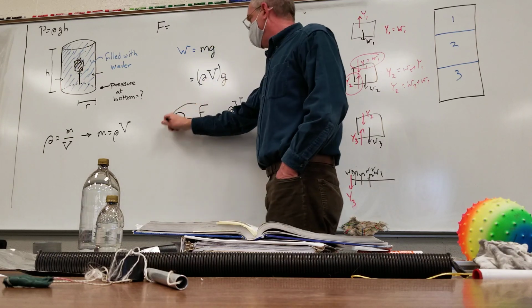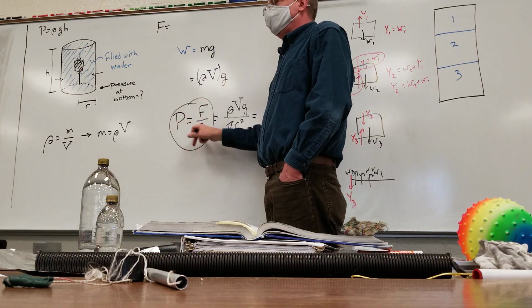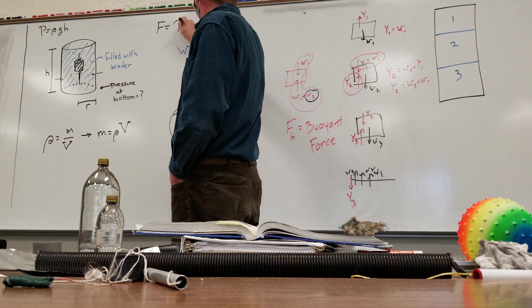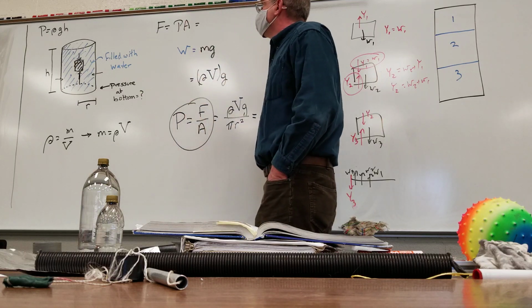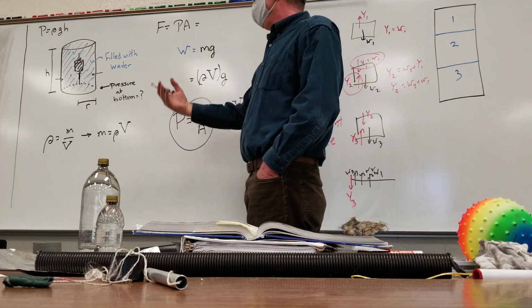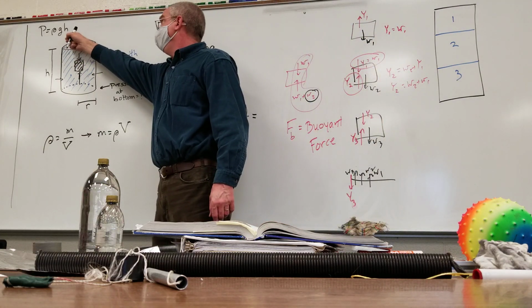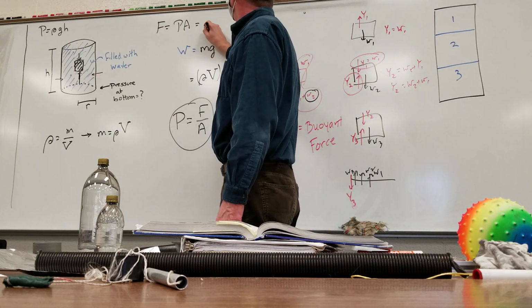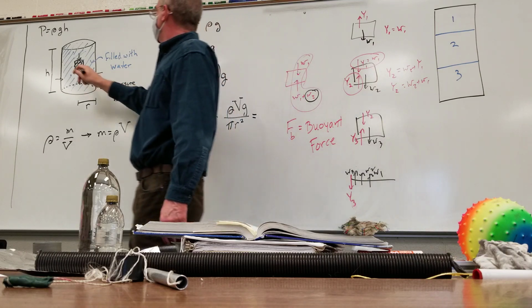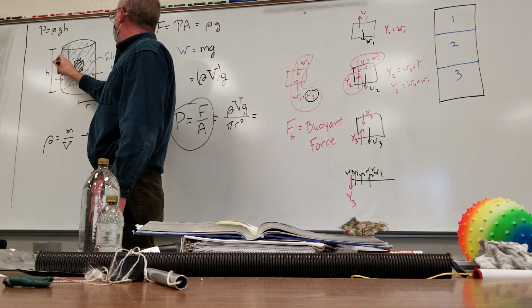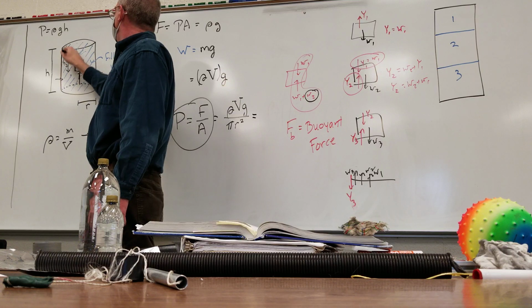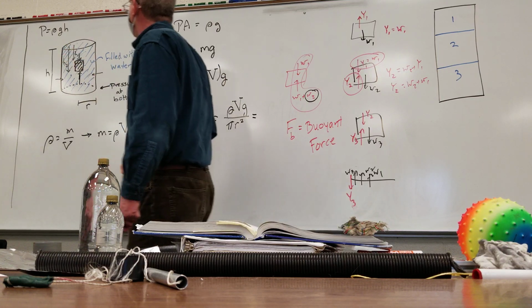The force upwards, if we go back to this right here, the force is just the pressure times the area. Well, the pressure, we have that formula right there. This is the pressure. So it would be rho g, let's make the depth to the bottom h2, the depth to the top h1.